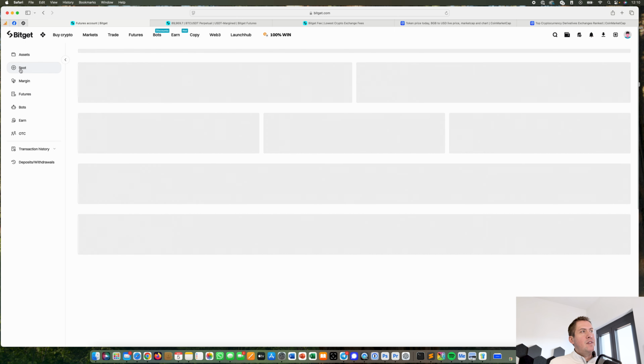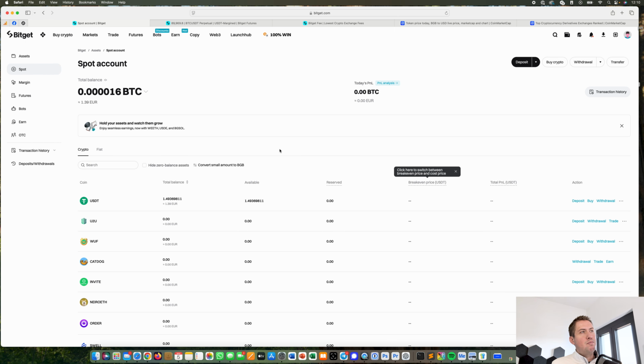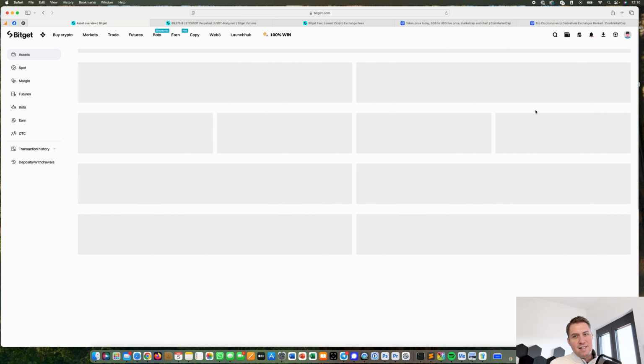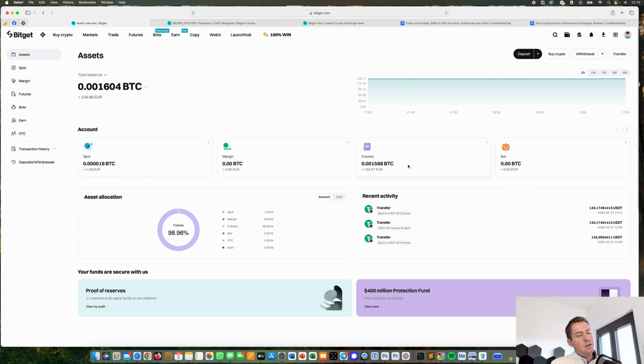And you can't use the money that is in your spot account. That's why exchanges now have several wallets that users can use. Because if you're trading futures and you get liquidated, you're basically protecting your money in your spot and margin and bot account and so on. Only the money in your futures account is at risk.